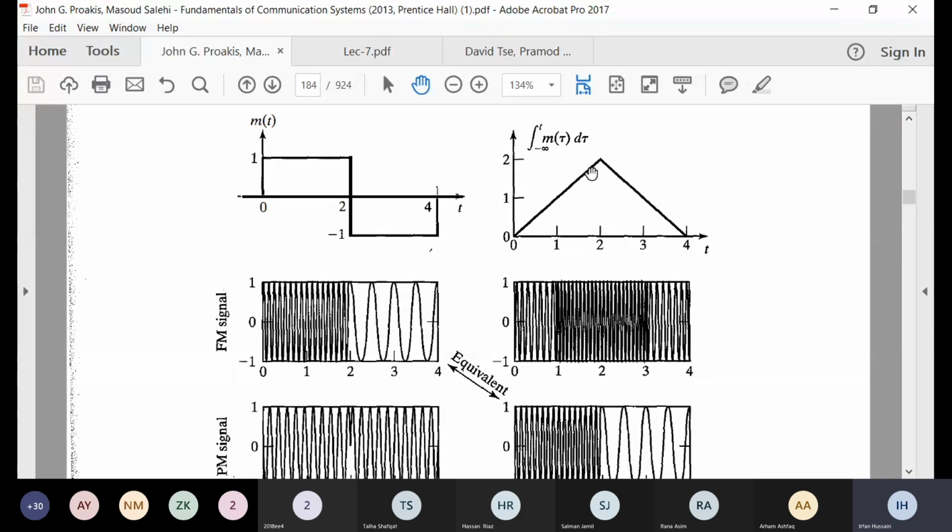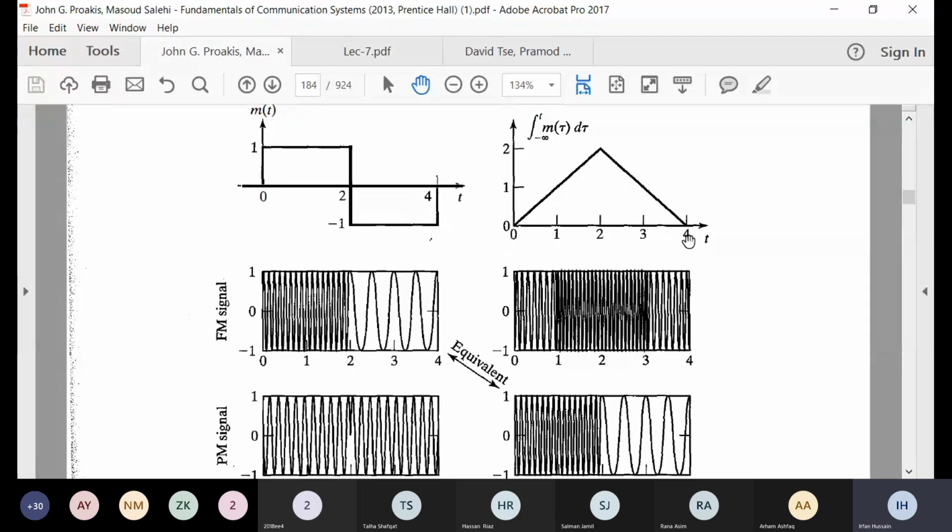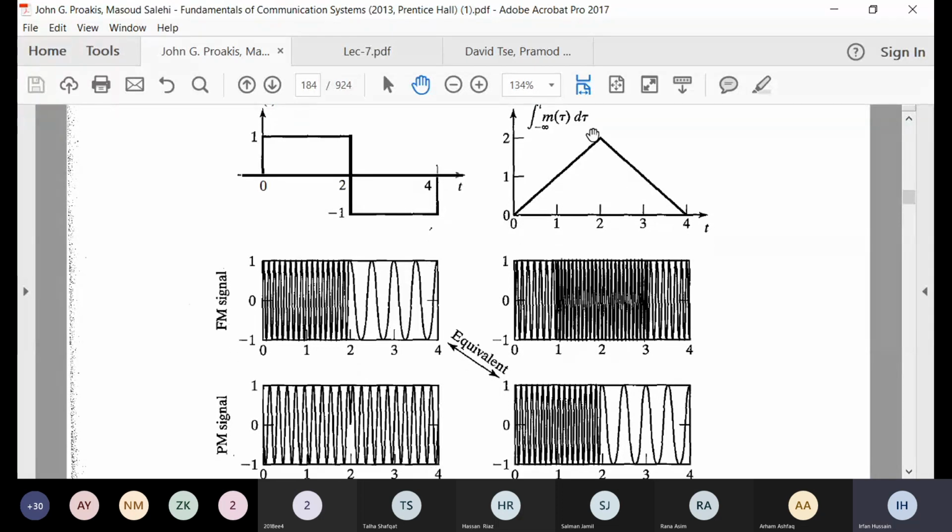Now if I pass this integral of the signal to my PM, it will look as follows.